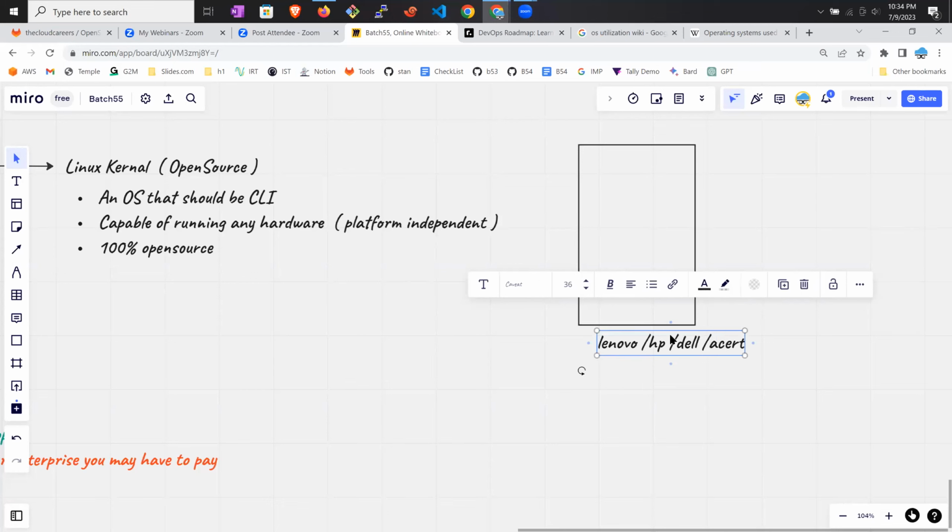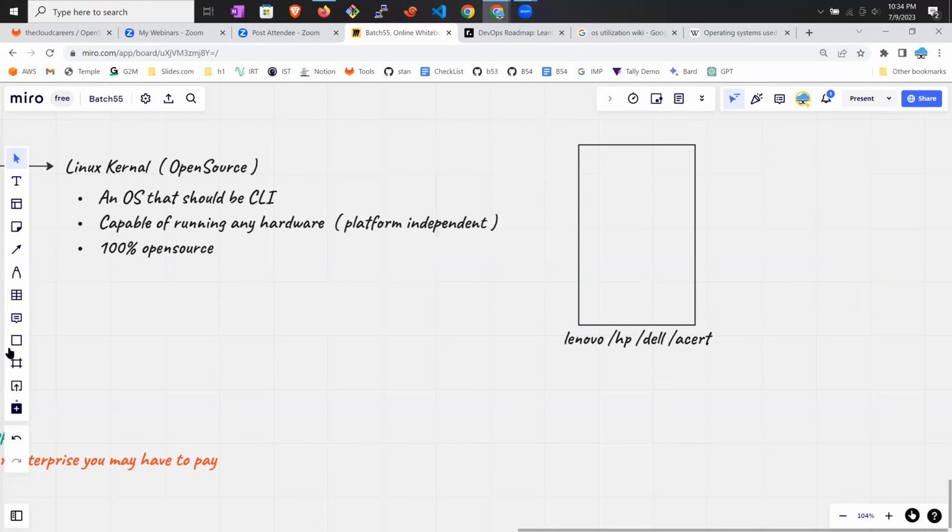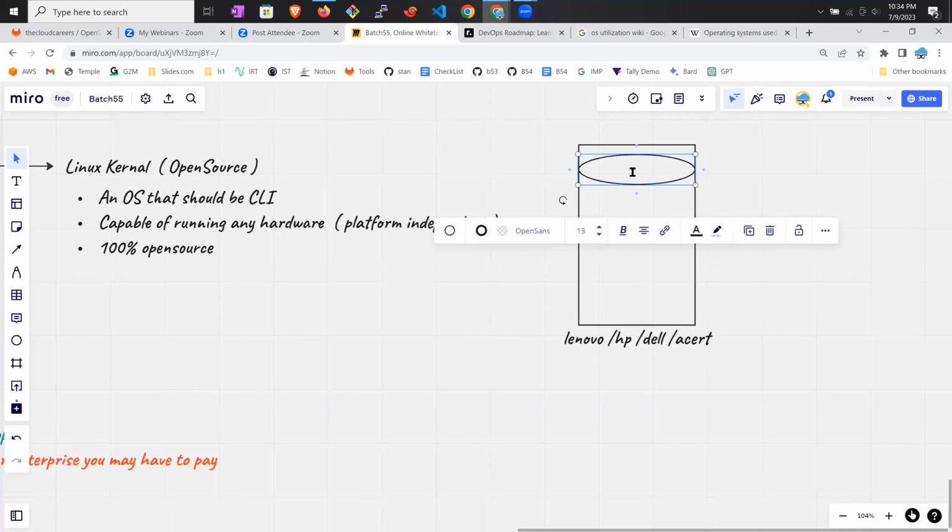I don't care which hardware you buy, if you have the Linux operating system downloaded, I can run it anywhere. You don't have any dependency to use only one particular hardware. You can use any hardware of your choice, and you don't have to pay anyone, at least if you are using it for personal use.